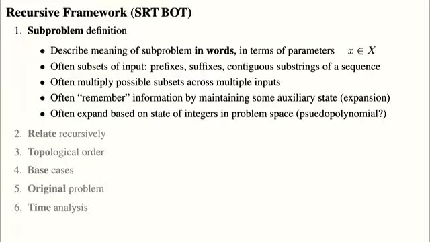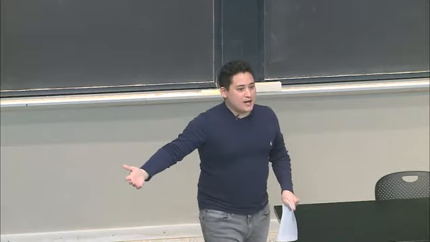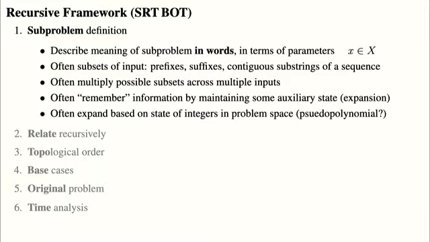Then when making subproblems, often what we're doing is recursing on different values of indices in a sequence or numbers in your problem, right? That's what we got to in lecture 18, I guess, when we were talking about expanding subproblems based on an integer in our problem. Actually, an integer in our problem is the number of things in a sequence, right?